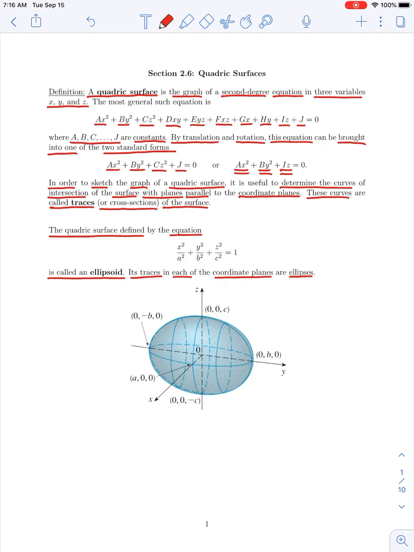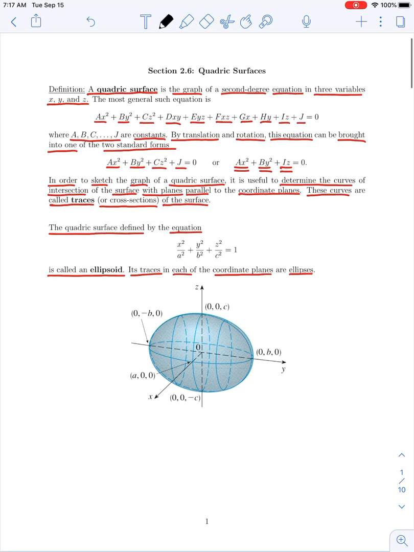So here I've given a graph of an ellipsoid in space. Let's justify why our graph would look like this, or think about how to visualize this ellipsoid if the graph wasn't given. I mentioned that the traces in each of the coordinate planes are ellipses. So let's consider the different coordinate planes.